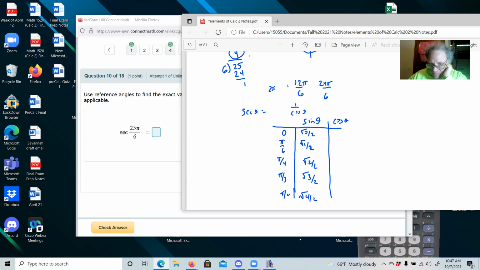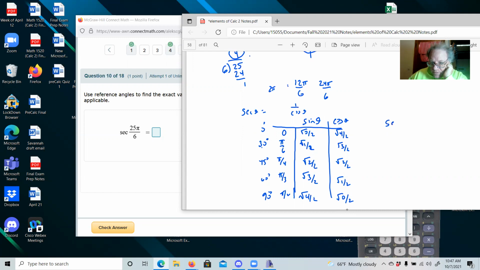Cosine counts down: square root of 4 over 2, square root of 3 over 2, square root of 2 over 2, square root of 1 over 2, and square root of 0 over 2. So pi over 6, this was 30 degrees, 45, 60, 90, 0. The cosine of 30 degrees, pi over 6, is square root of 3 over 2.